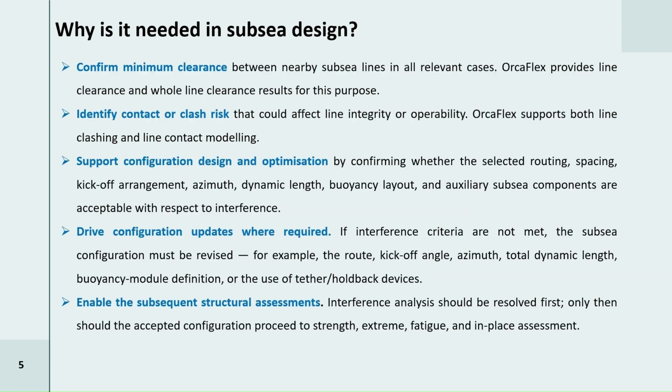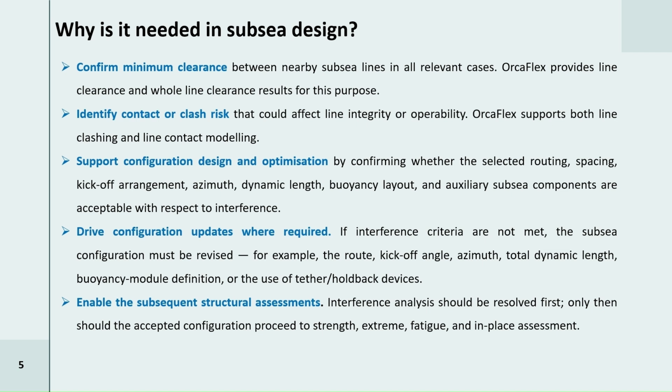Why is it needed in subsea design? Interference analysis is needed in subsea design for several reasons. First, it is used to confirm minimum clearance between nearby subsea lines in all relevant cases. Second, it helps identify contact or clash risk that could affect line integrity or operability.